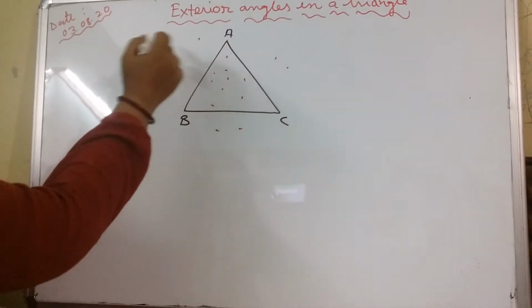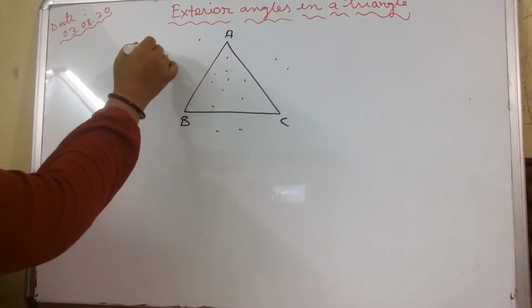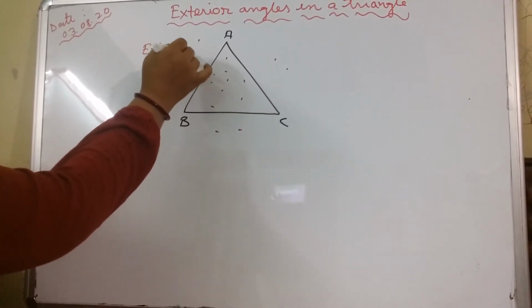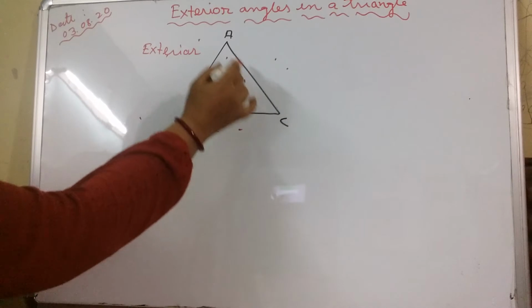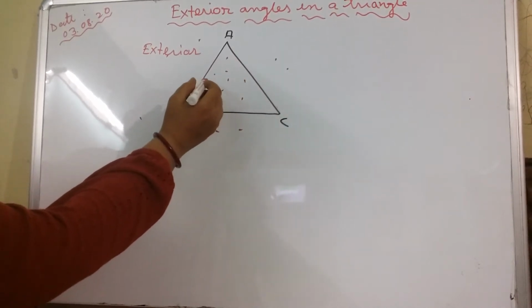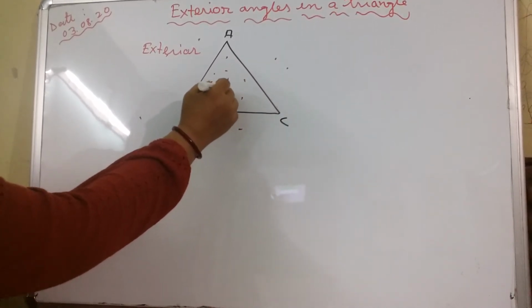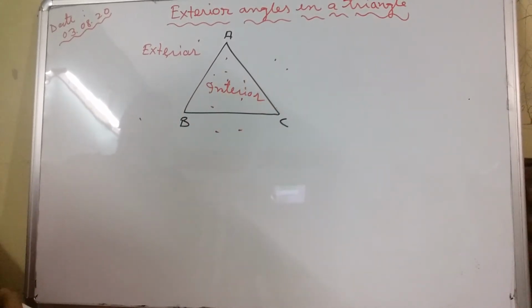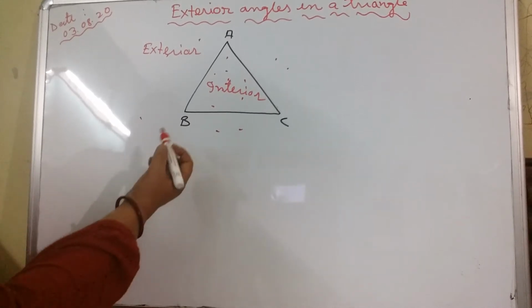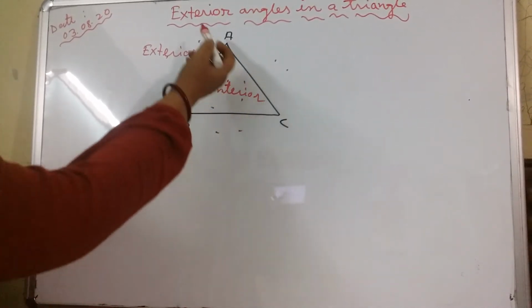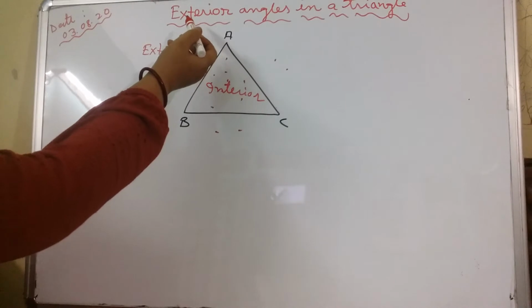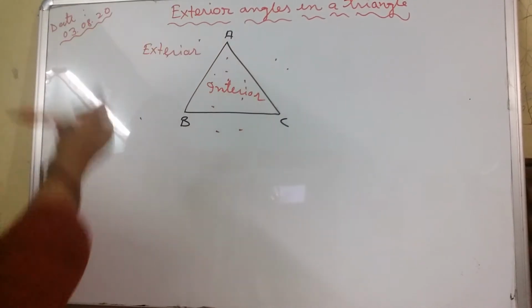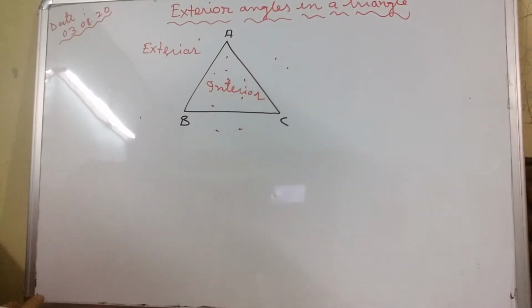Okay. This outside of this triangle is known as exterior part, and this inside of this triangle is known as interior of this triangle. Okay. Now I have put a heading that exterior angles in a triangle.